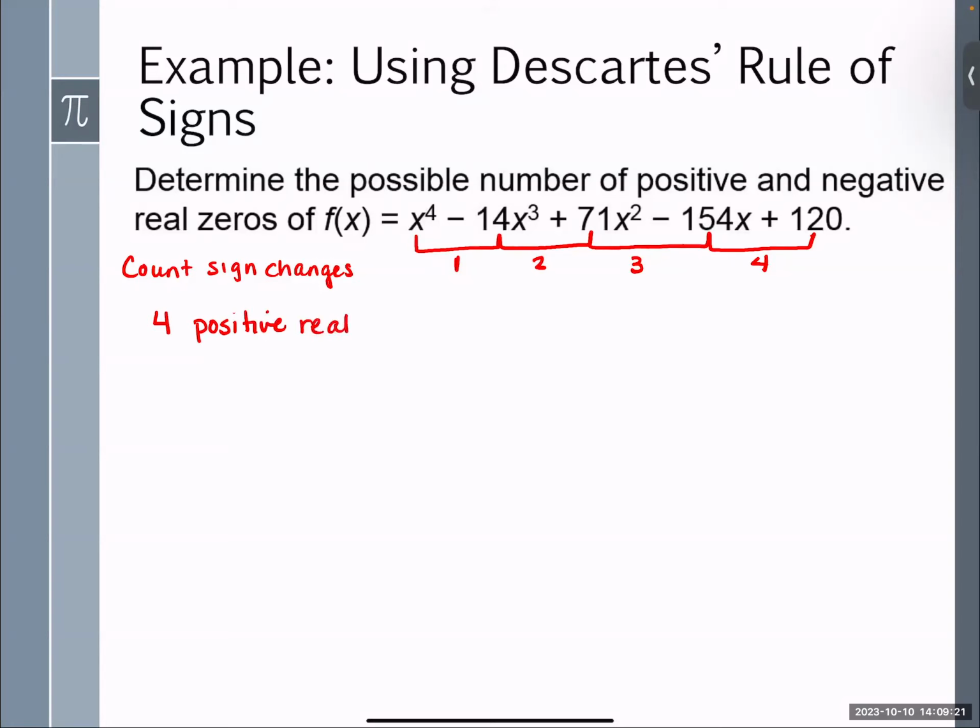real zeros. Or they could be 4 imaginary zeros. I mean, that's the way this works. So he says, okay, then subtract 2. So there could be 2 positive real zeros, and 2 imaginary.